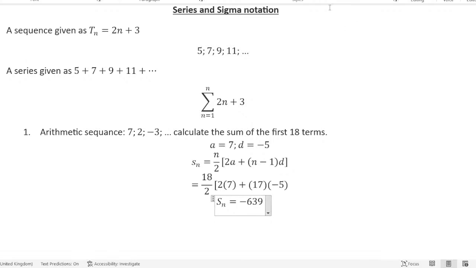This is just the same as the general term, but now we calculate the sum of the terms, and we're given that the number of terms was 18. Then you substitute, and we had only one unknown, which is Sn.